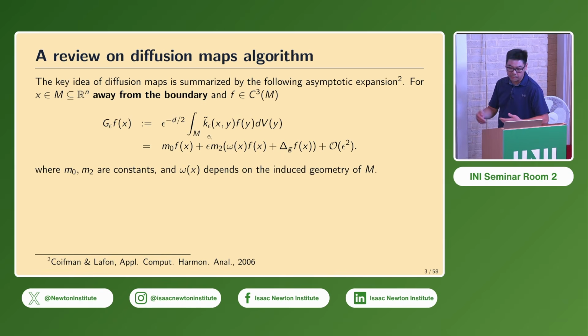If the manifold is closed or has a boundary, then stay away from the boundary. If you assume your function is C3 differentiable, then you can derive this asymptotic expansion. At first order, you get the function alone, scaled by some constant, and then at order epsilon, you get the Laplace-Beltrami operator, and then there are higher-order epsilon terms.